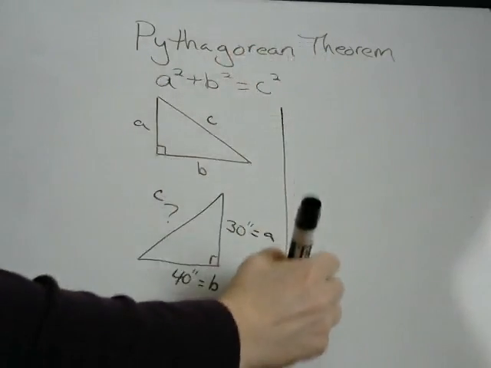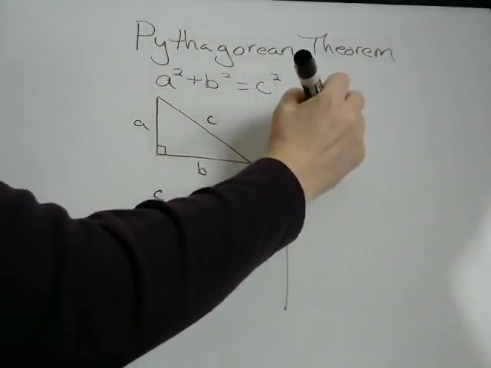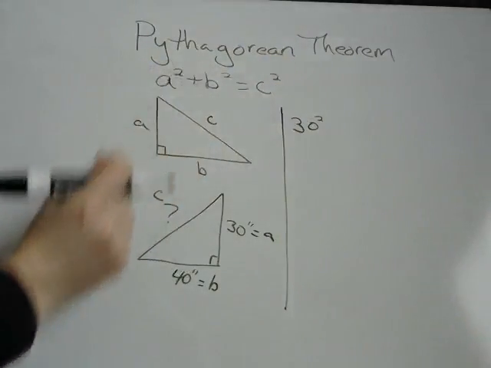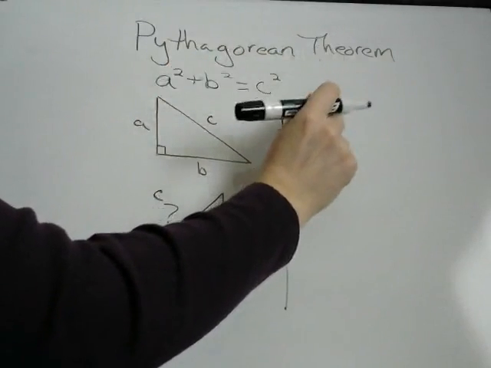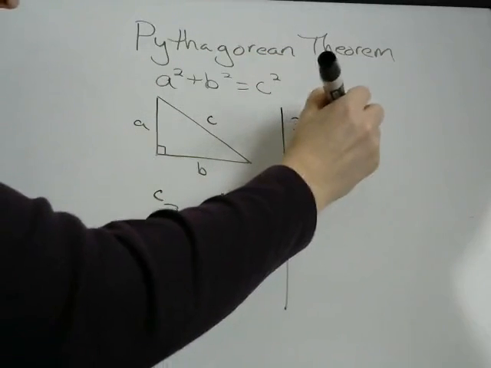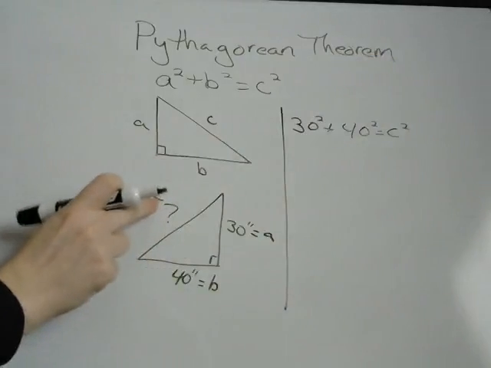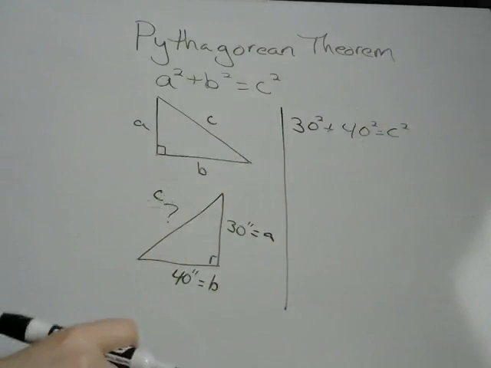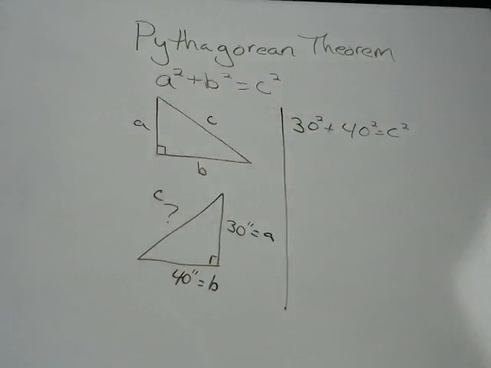So we'll come over here. A is 30, so we have 30 squared, because we're plugging 30 in for A. B is 40, so we plug 40 in for B. So plus 40 squared equals C squared. We're trying to find out what C is. Remember how to do a square; there's also a video on exponents and roots. 30 squared is 30 times 30.